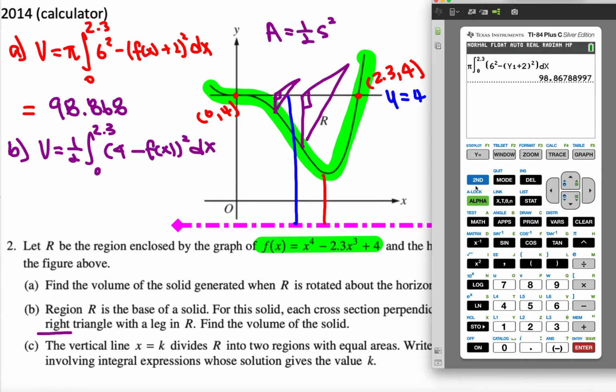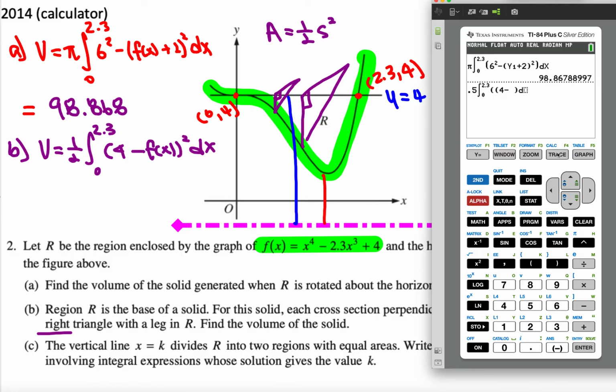So second, 0.5 times math number 9 goes from 0 to 2.3, and then we're going to square 4 minus f of x, which is y sub 1.